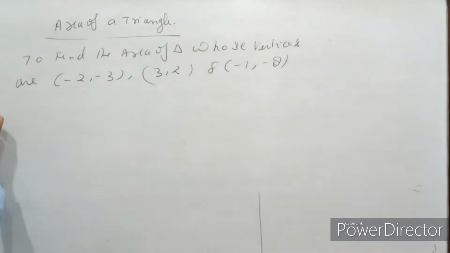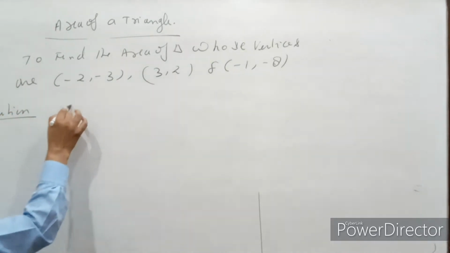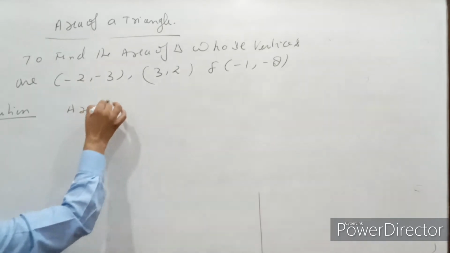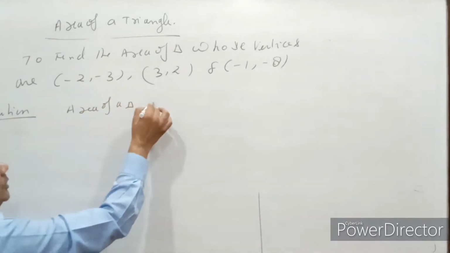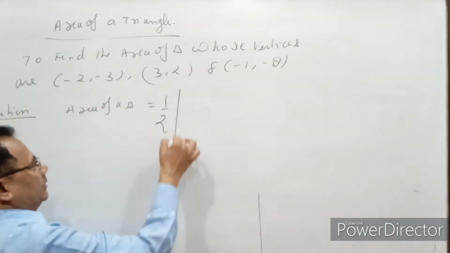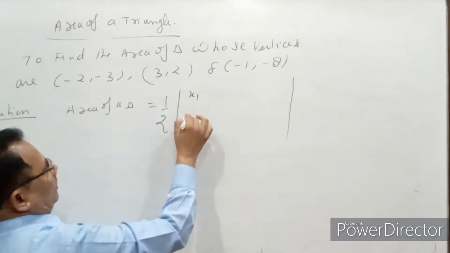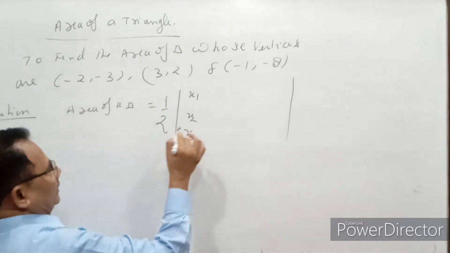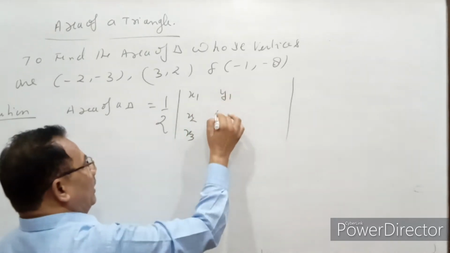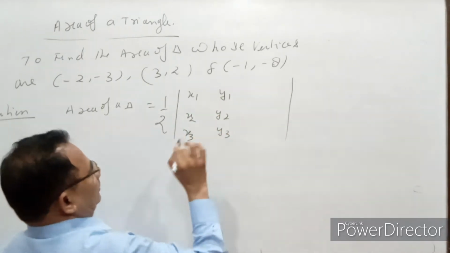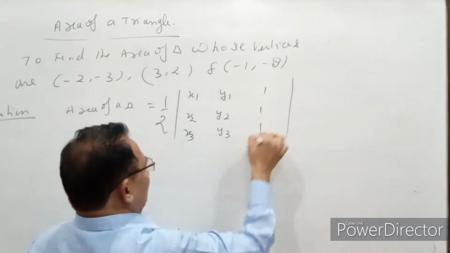We know that the area of a triangle is equal to 1/2 times the value of the determinant with columns x1, x2, x3; y1, y2, y3; and 1, 1, 1.